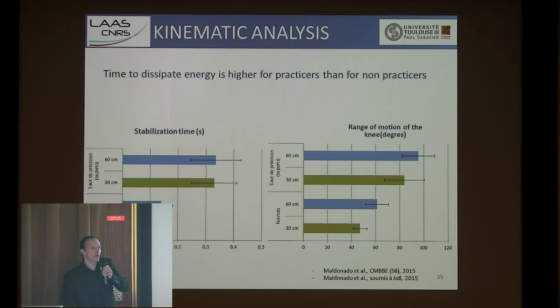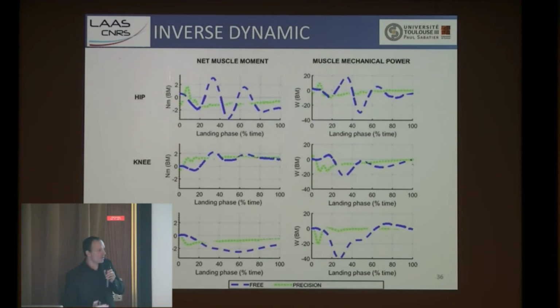And of course, as the energy to be dissipated is the same and corresponds to the potential energy of the landing, if you have less time to dissipate the energy, you need to generate higher torques at the lower limbs. So that's what we can see here. The torques in non-practitioners are higher than in practitioners.